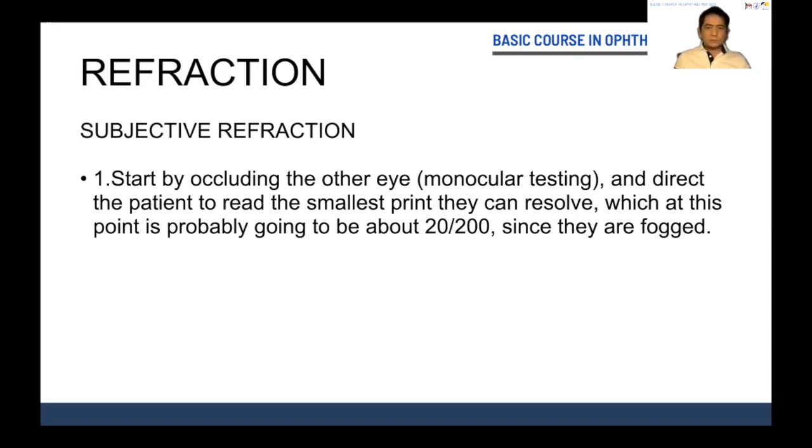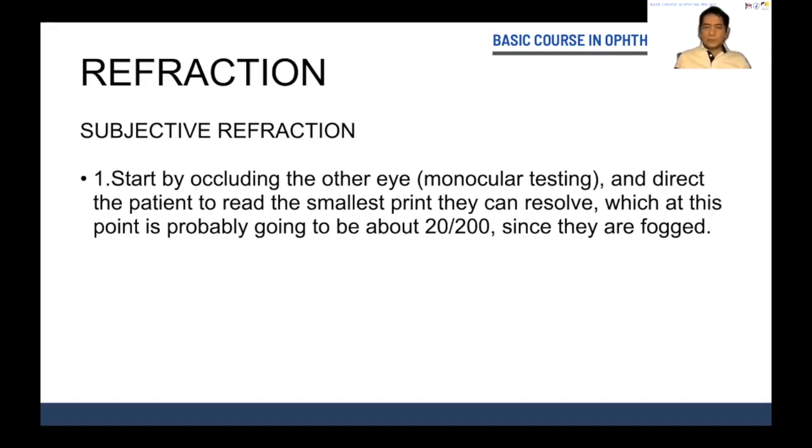So for example, the best VA of the patient is 20 over 40. You apply increasing plus lenses to reach the point of blur at the 20/200 level. That is what we call the fogging technique.